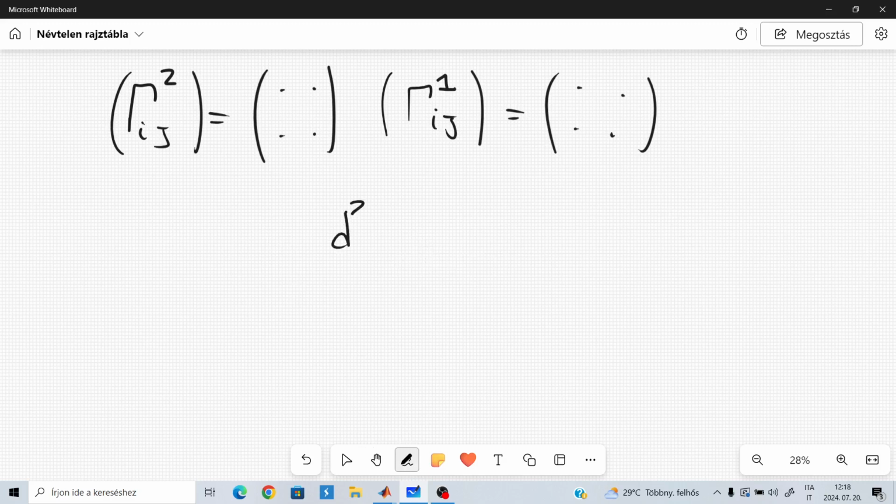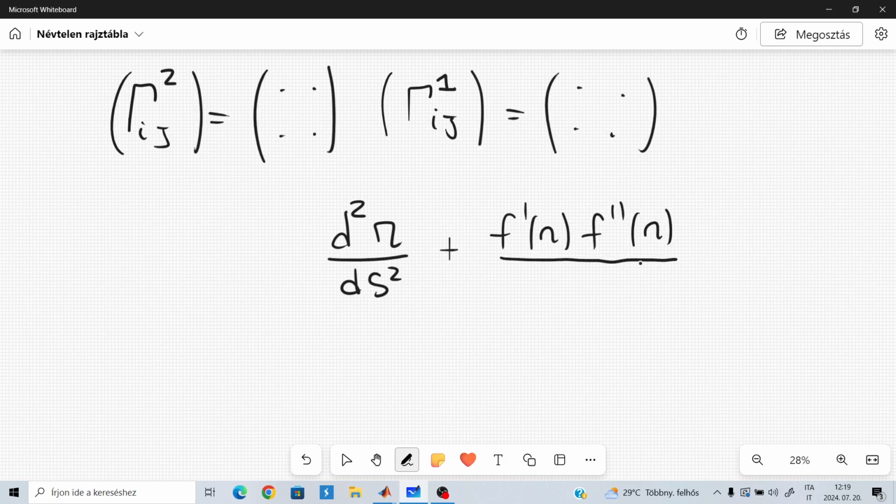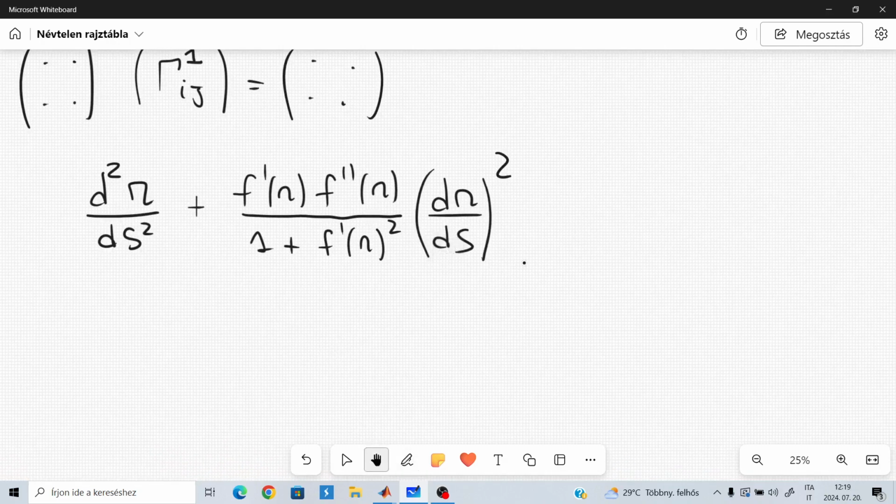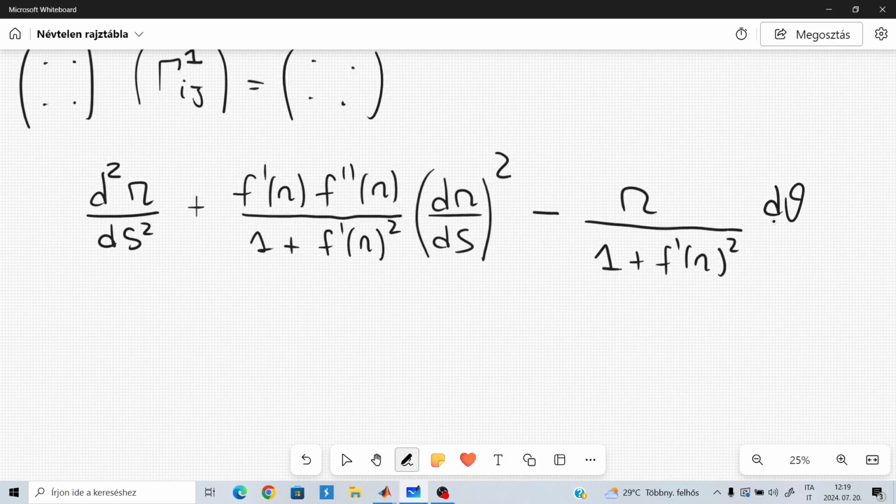So we have the second derivative of r with respect to s squared, plus f prime of r f double prime of r divided by 1 plus f prime of r squared, times (dr/ds) squared, and then we have minus r over 1 plus f prime of r squared, times (d theta/ds) squared, equal to 0.